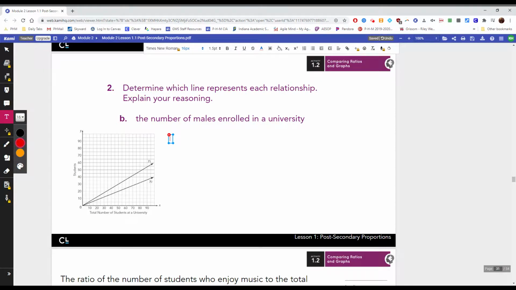So it's kind of the same explanation, but we'll say the line y sub 2 represents the number of males enrolled at a university.